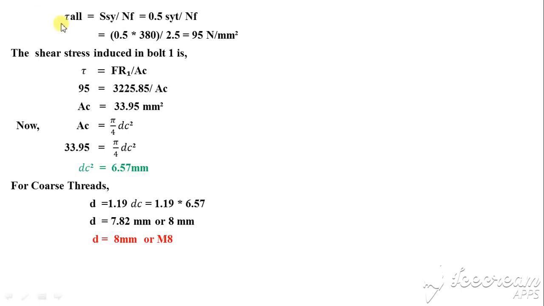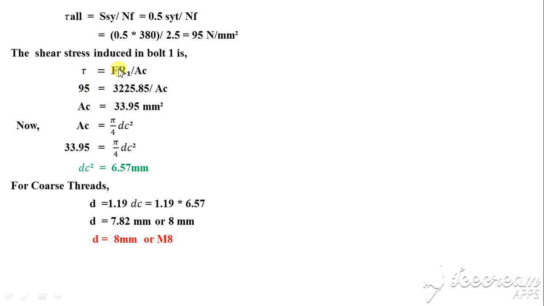For shear stress calculation, allowable shear stress is always shear strength divided by factor of safety, whereas shear strength is 0.5 times SYT, because in the numerical they have given the yield strength value in tension and we want it in shear. So 0.5 SYT divided by factor of safety will give you the allowable shear stress.